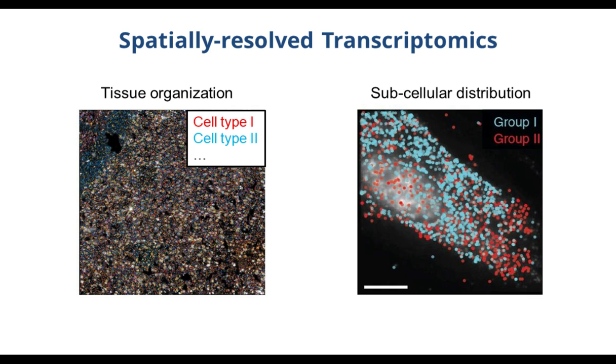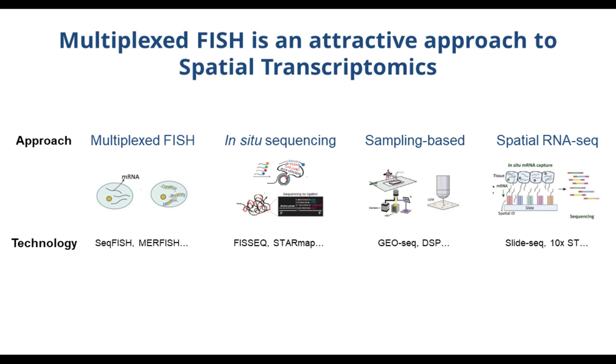For example, where each gene is expressed in the tissue can tell us the way the tissue is organized and what the cell types in the tissue are. And not just at the tissue level, but also at the subcellular level. If we can look at the localization of RNAs, perhaps we can infer their functions. How and what are they doing in the cells?